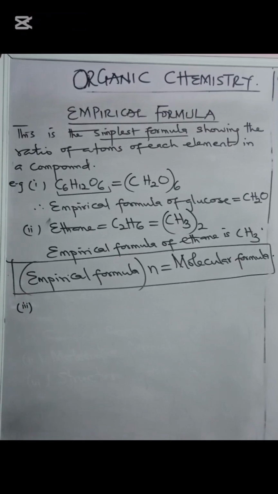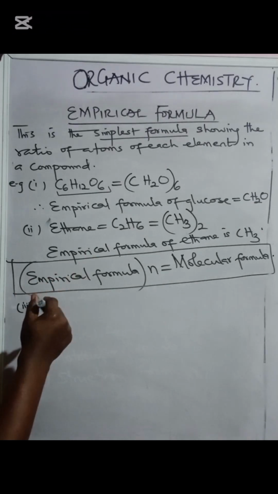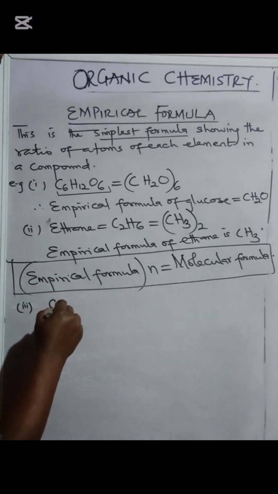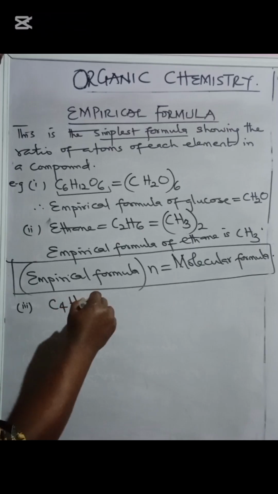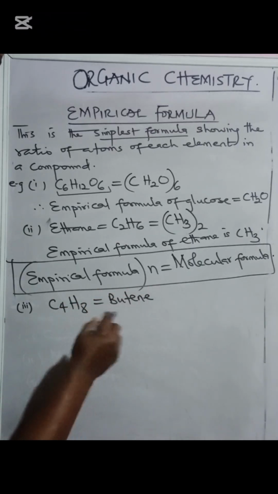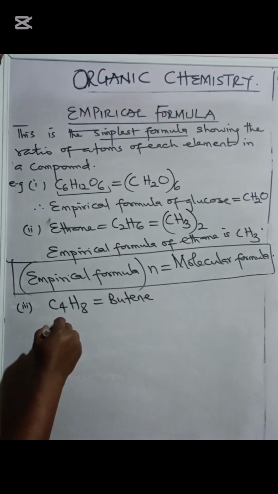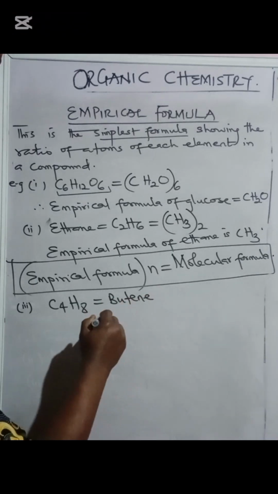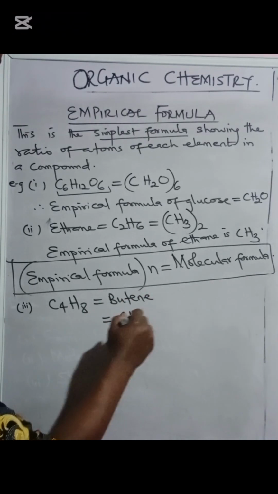Example 3. Let's see another thing. C4H8 is known as butene. We are coming to that. To write the empirical formula, this can be written as C H, and 4 is common.